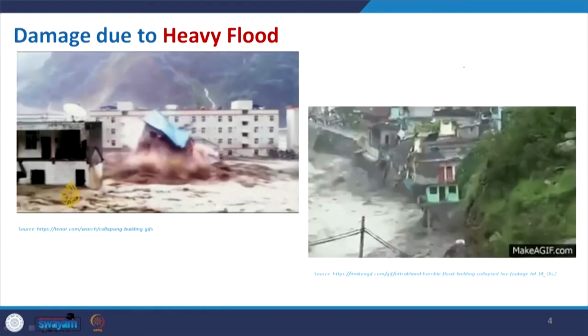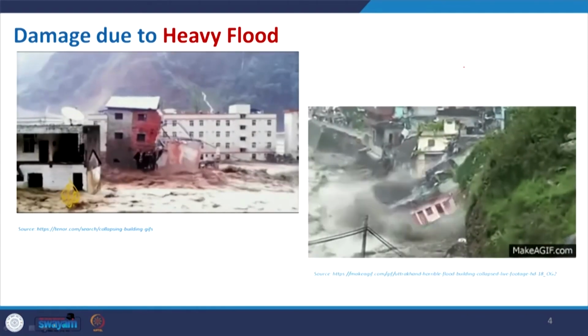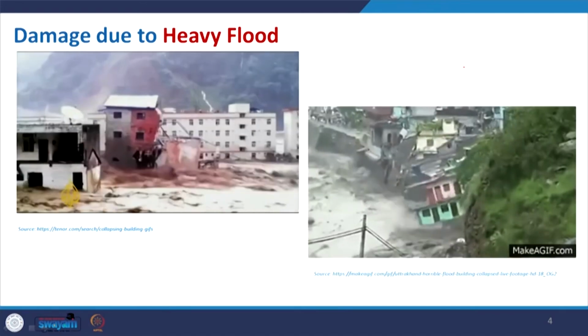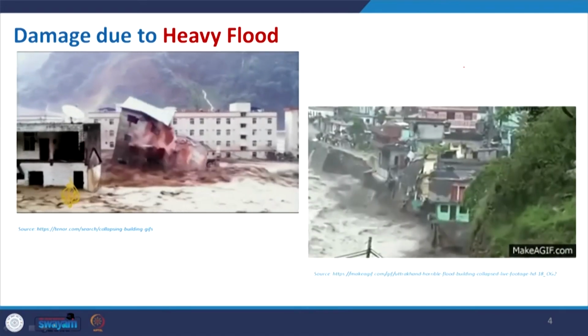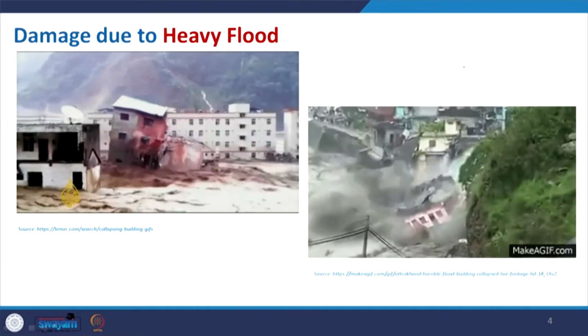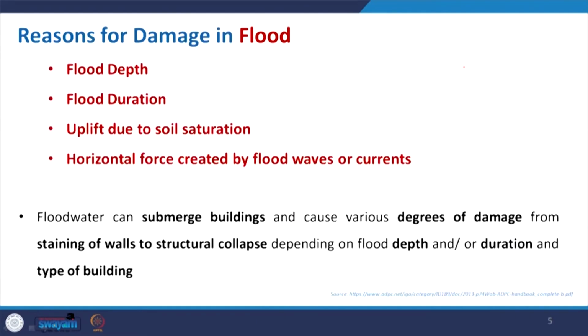First of all, with this water, the ground and the soil will become very loose, and then it will suddenly lose its bearing capacity, and that may result in the collapse of the building. And the reasons for damage in a flood, as you see in this slide, will depend on the flood depth, like what is the level of the flood.